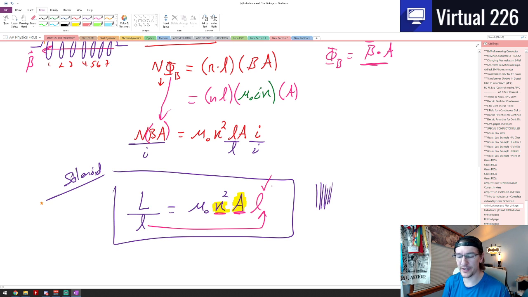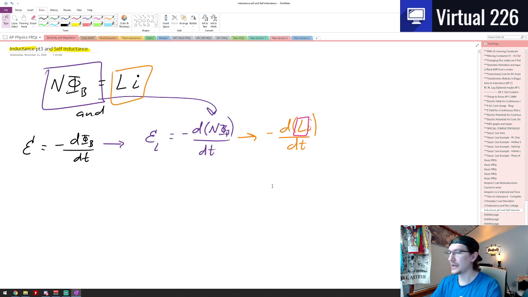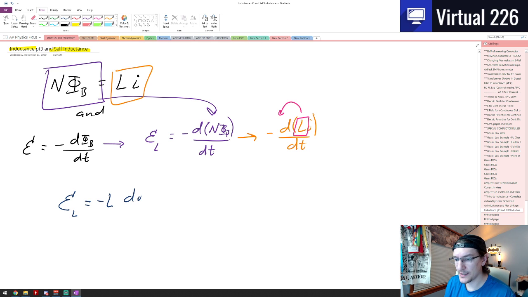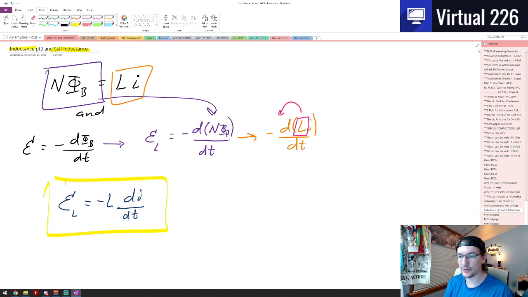So it was all dictated by how you built the thing. Your inductance is a property of your object. So if we take this constant and pull it out, we can get the induced EMF on an inductor as just negative L di dt, the change of current in an amount of time. And that's a really powerful thing for us right here.